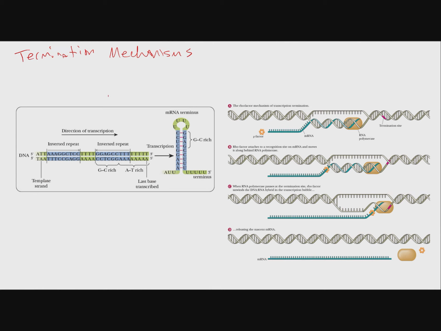And so what you can see here is that this happens with these inverted repeats. When this DNA gets separated, the two strands get separated, you can see here that one of the strands actually folds into this kind of loop here. Let's see.